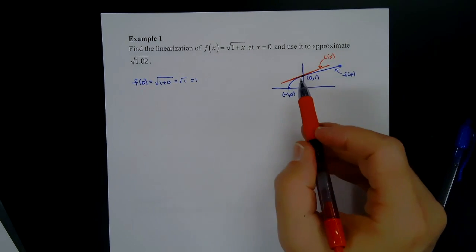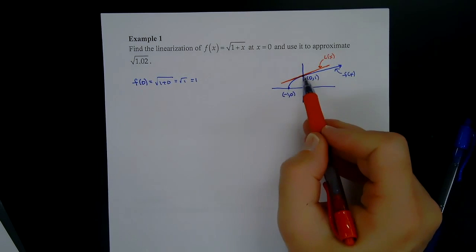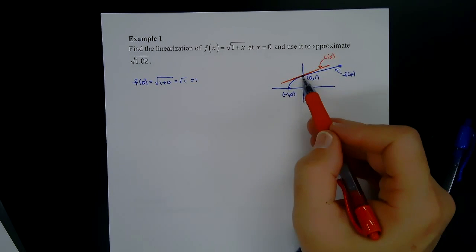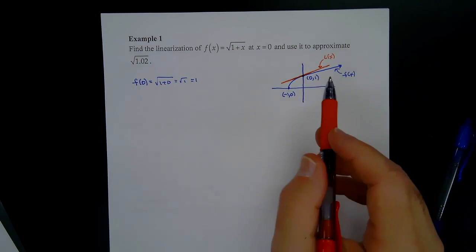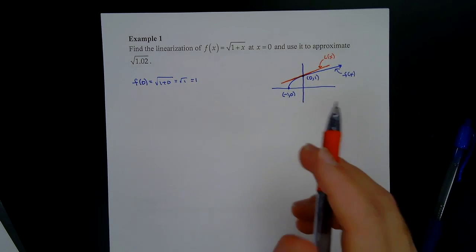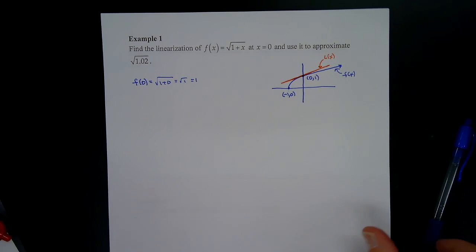We're finding this tangent at x equals 0, so that's why I drew a point of tangency right here. Then we're going to want to use this approximation to find the square root of 1.02, and I'll talk about how we're going to do that in just a minute.